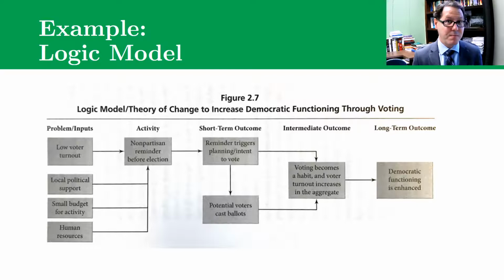It also helps voting become more of a habit. And so we can see these intermediate outcomes happening where maybe if I'm more likely to vote in this election because I figured out where my polling location is, I'm more likely to vote in the next election as well. And then we have that longer term outcome of democratic functioning being enhanced, which is what we were trying to do anyway.